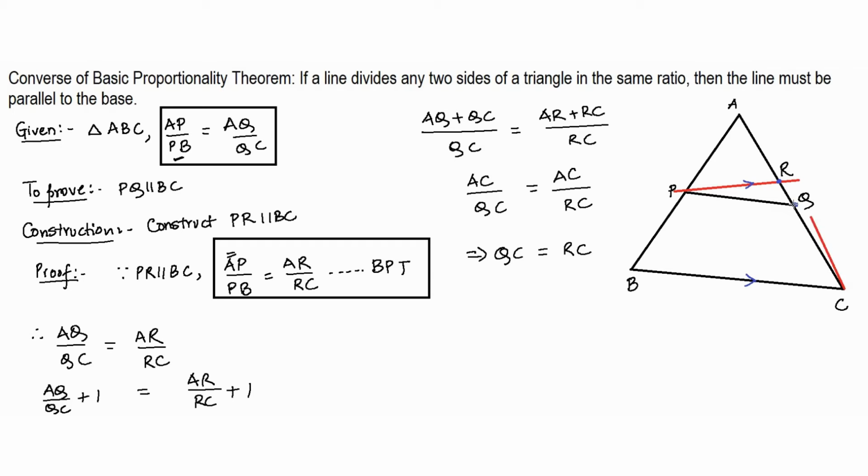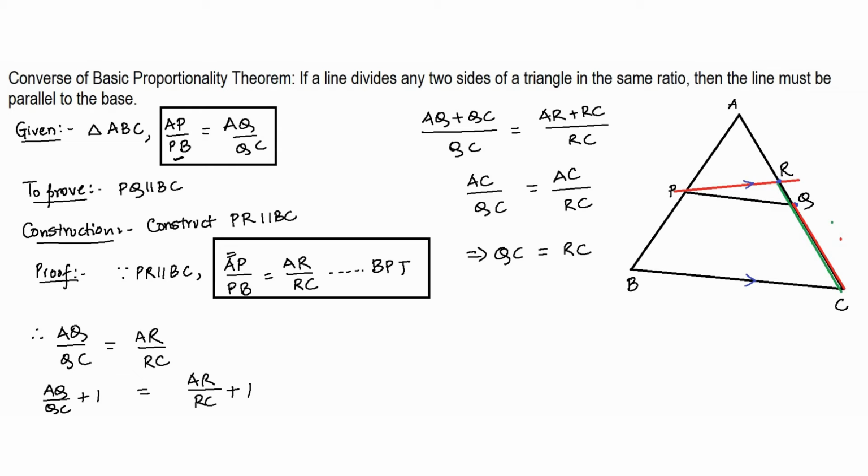Now CQ will be equal to CR only and only when the points Q and R coincide, right? Otherwise there's no chance that the length QC is going to be equal to the length RC. So QC and RC shall be equal only when the points Q and R coincide.